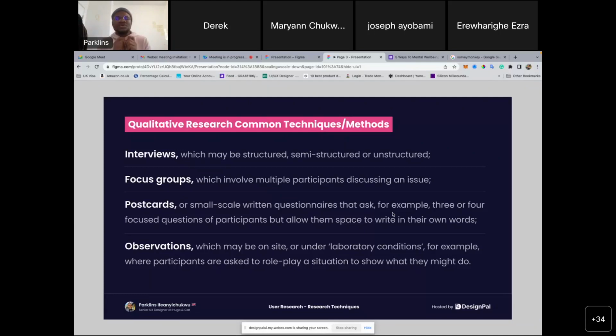Open-ended questions are different from closed-ended questions, and for qualitative research, open-ended questions are important. You should never use closed-ended questions in qualitative research, but you can use them in quantitative research. The reason is that open-ended questions do not have a yes or no answer.